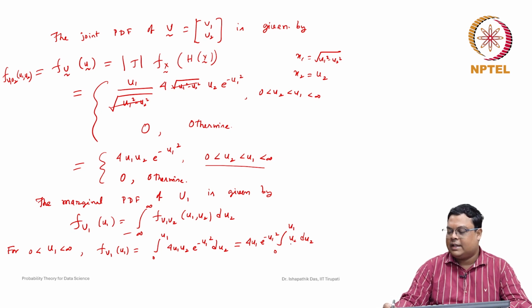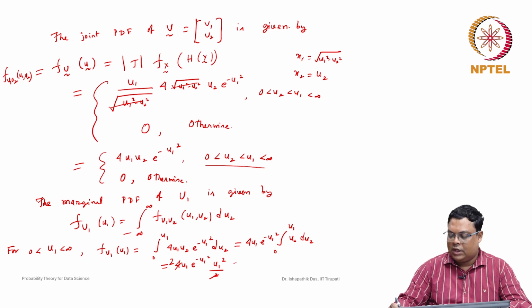Now the integration of u2 gives u2 square by 2, and using the limits this will be u1 square by 2. So this is 4 u1 e to the power of minus u1 square times u1 square by 2, where the 2 and 2 cancel.